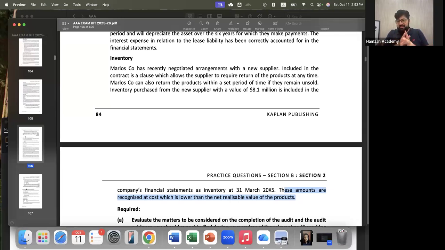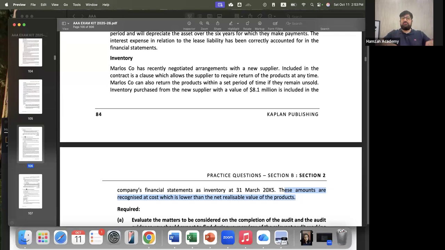Now what is IFRS saying? IFRS says that a sale can be recognized only when the performance obligation is satisfied and control is transferred. Here Marlo's has the right to return the inventory, and the supplier has the right to demand the return at any time.